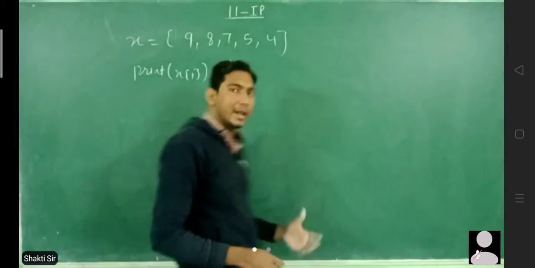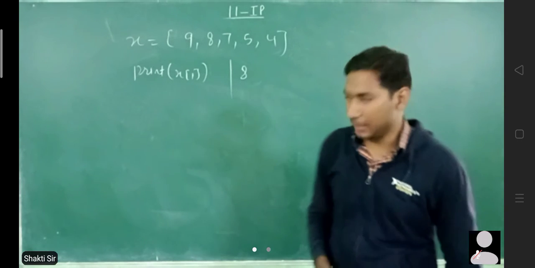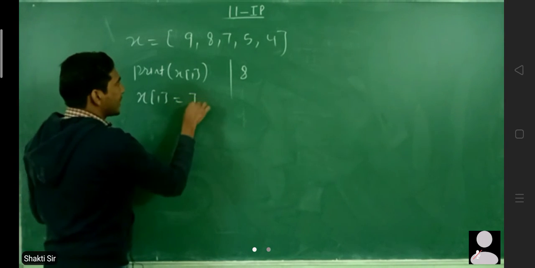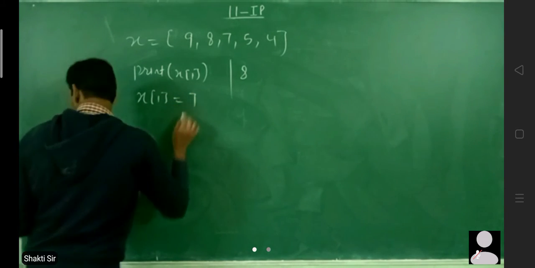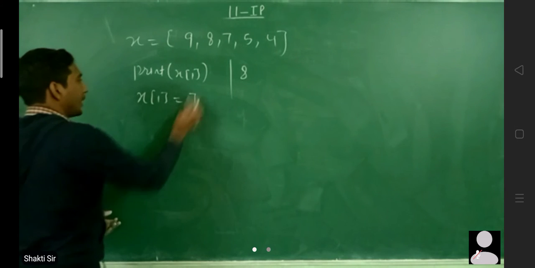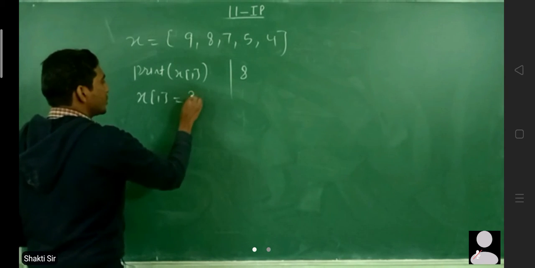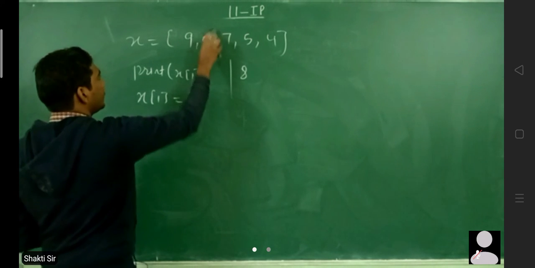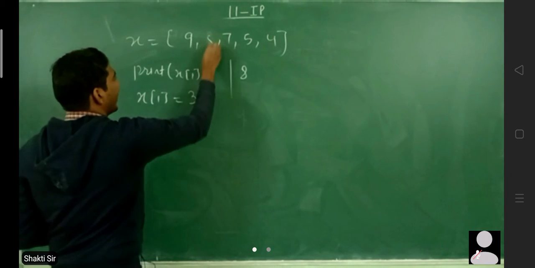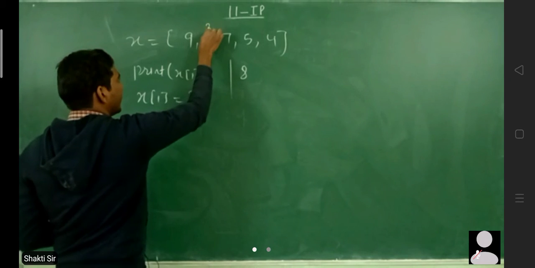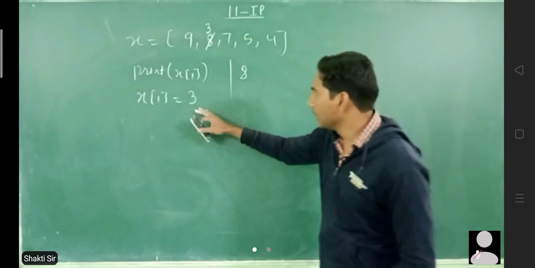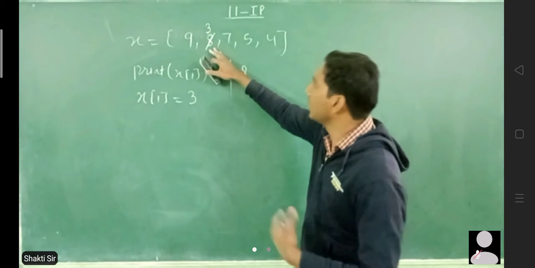But suppose I try to do this, x[1] = 3. So basically this 8 will become 3. If I write x[1] = 3, that means x[1] will be changed to 3.